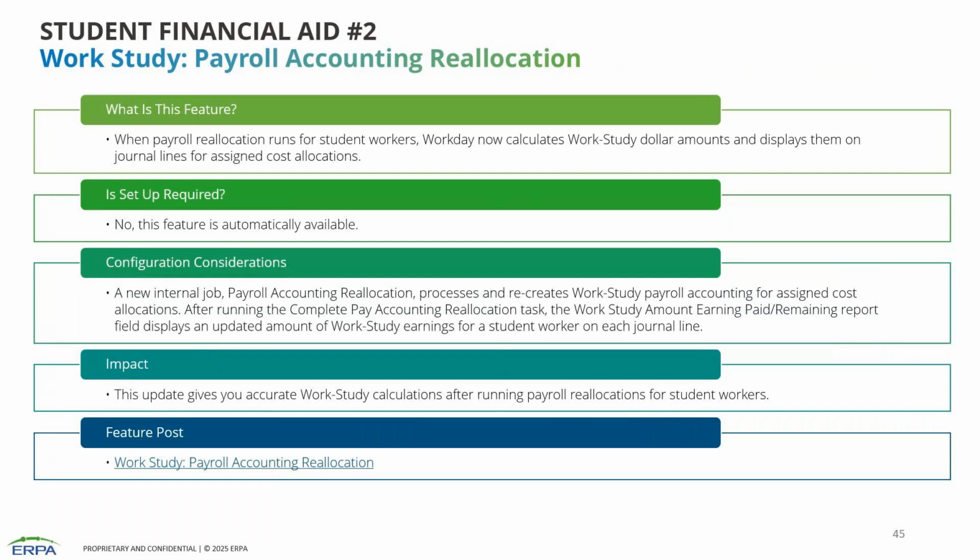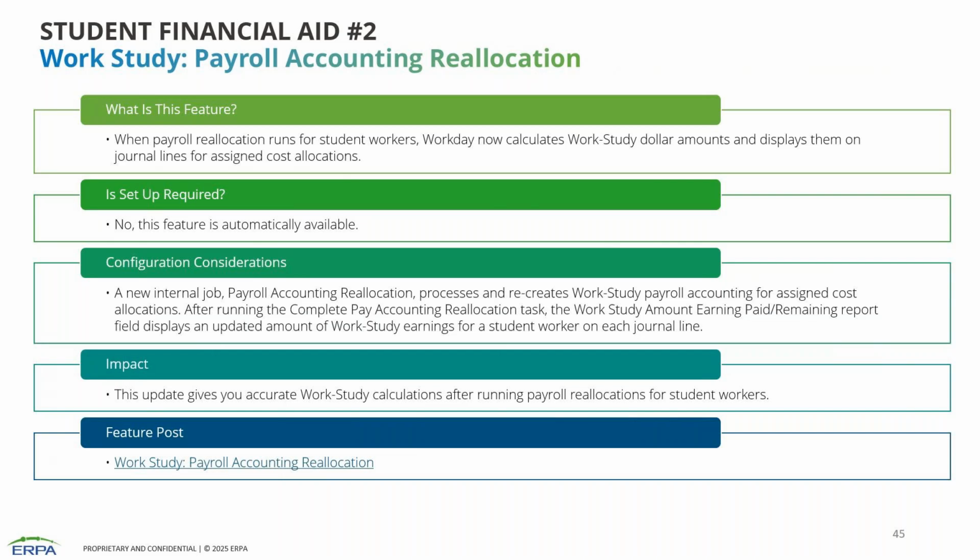And here's how it's going to work. After you run the complete pay accounting reallocation task, the system automatically updates the payroll accounting entries tied to work study. The work study amount, earning paid, and the amount remaining filled on each journal line now reflect the recalculated earnings for that student worker.